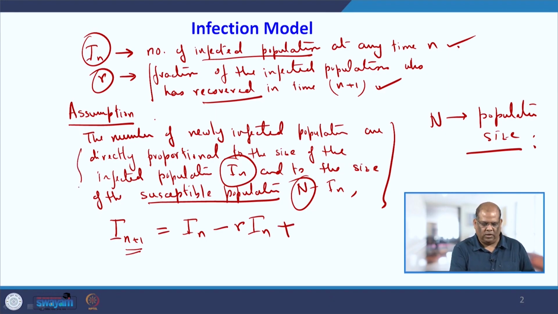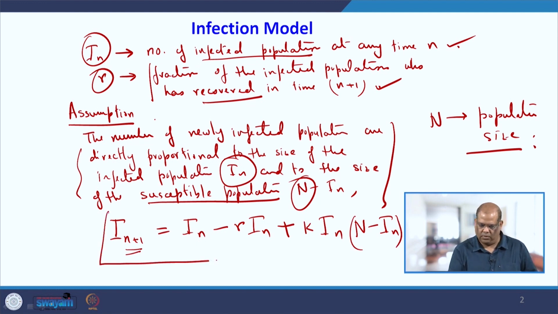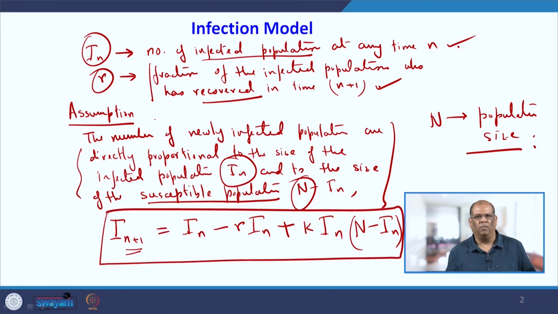That depends on the law that it is directly proportional to I_n and to the size of the susceptible population. So it is a product of I_n and N minus I_n, and k is your constant of proportionality. So this becomes a discrete infection model.